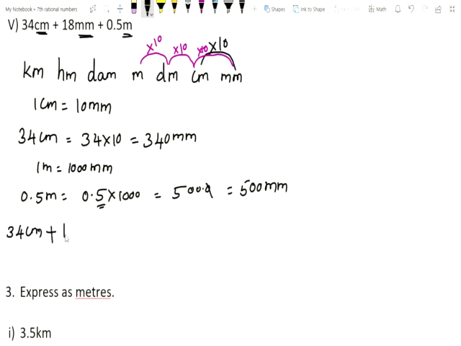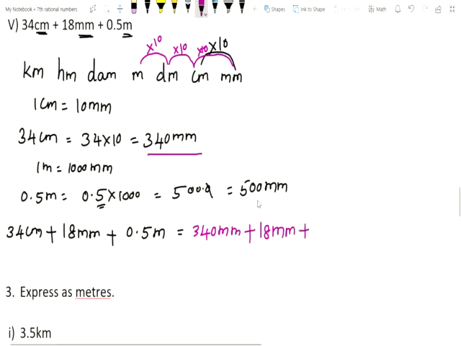Now we add this: 34 centimeter plus 18 millimeter plus 0.5 meter equal to. 34 centimeter is equal to 340 millimeter. So you have to write 340 millimeter plus 18 millimeter plus 0.5 meter is equal to 500 millimeter. Now you should add this.